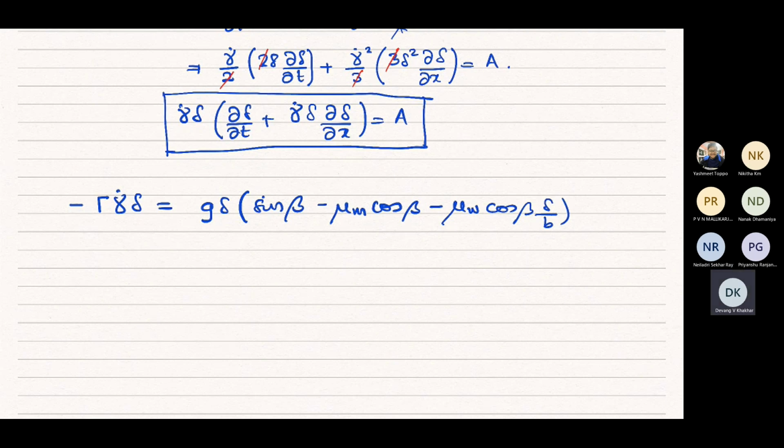And you can see over here that essentially delta cancels out on both sides.